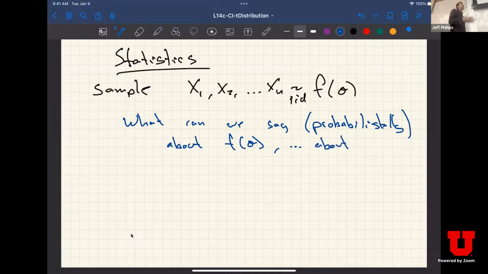There's some parameter we're trying to estimate. Sometimes there are multiple parameters we're trying to estimate, and you can sometimes do them jointly, but this is more complicated. In this class, we'll just think about one parameter. We'll estimate one parameter at a time.